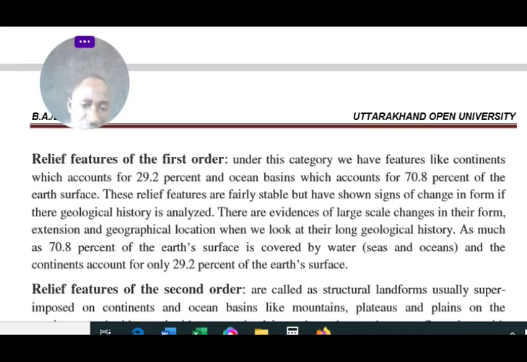Now, when you look at seas and oceans, we were talking about them in terms of percentage, in terms of ocean basins, and also in terms of the Earth's surface. When you look at the first order, it deals with the seas and the oceans. Imagine we talked about transgressions and regressions some time back. When you look at transgression, we are referring to sea level changes.